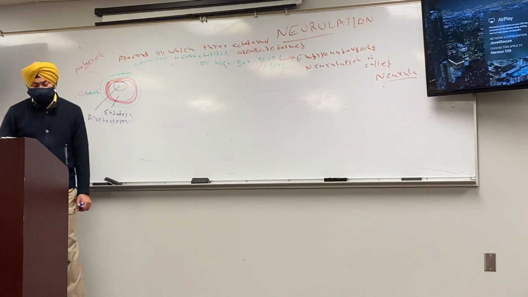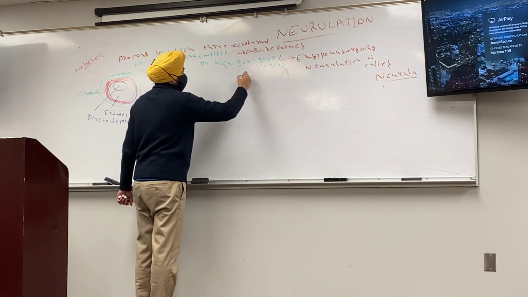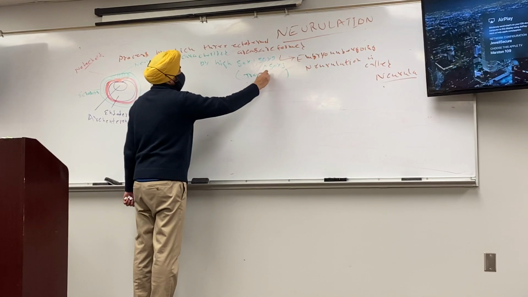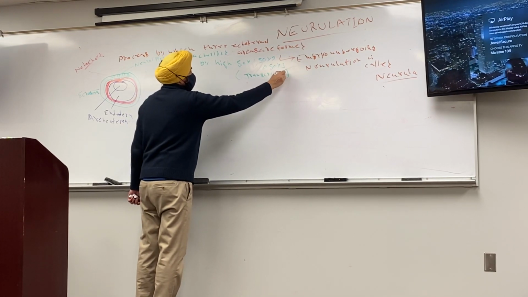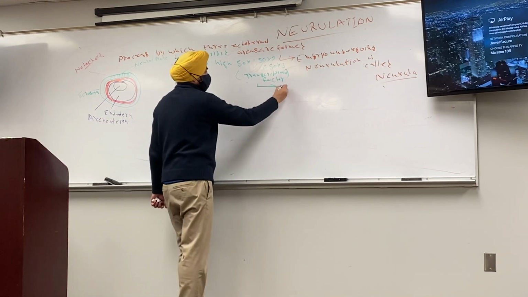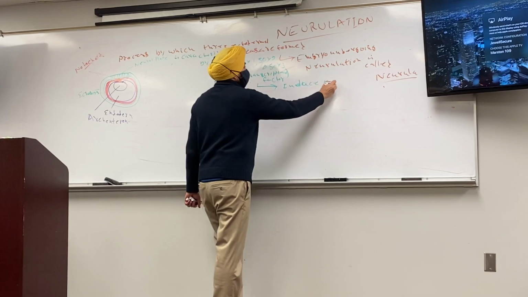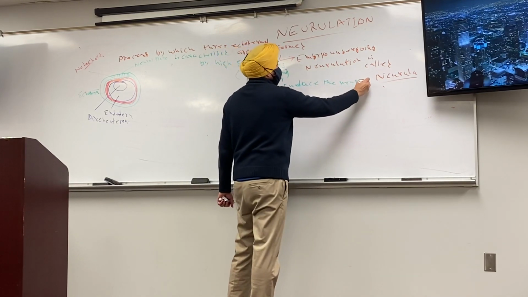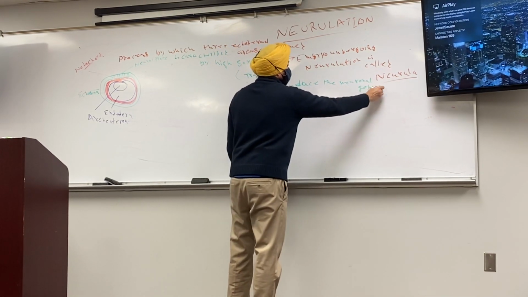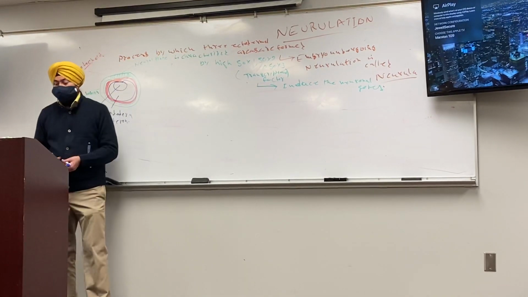Now, these SOX1, 2, 3 are actually transcription factors. And what they're going to do, they're going to induce the neuronal genes. That's what their function is. They want to induce the neural genes to form the neural tube.